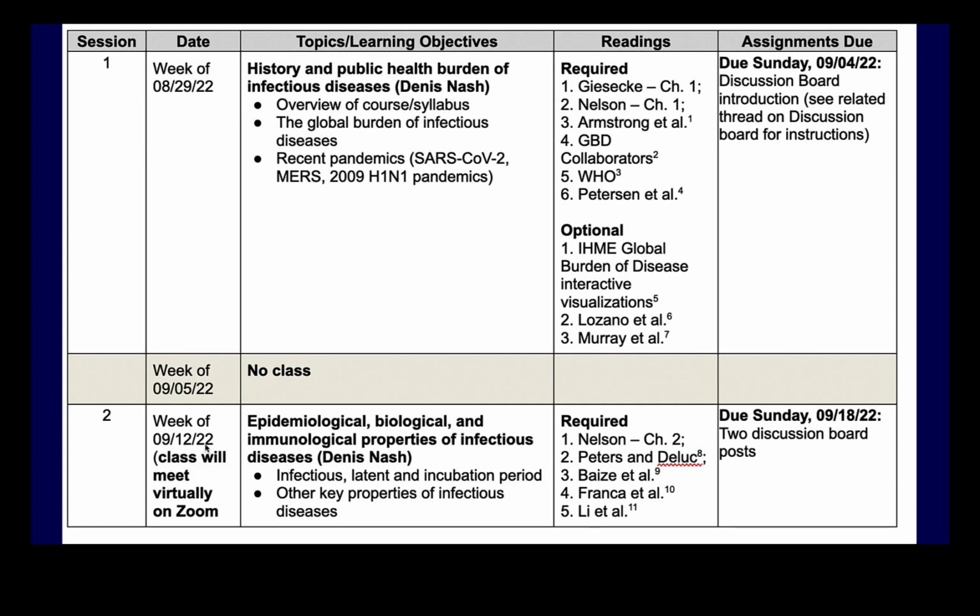On Monday, September 12th, we'll be covering the epidemiological, biological, and immunological properties of infectious diseases. These are the required readings, and again, you'll have 2 discussion board posts due. Some of these assignments due will include other things like the reaction papers and homeworks when those are due.